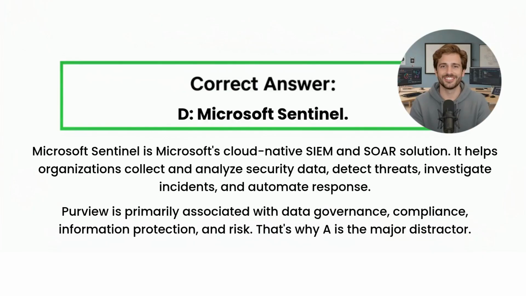The correct answer is D. Microsoft Sentinel. Explanation. Microsoft Sentinel is Microsoft's cloud-native SIEM and SOAR solution. It helps organizations collect and analyze security data, detect threats, investigate incidents, and automate response. Purview is primarily associated with data governance, compliance, information protection, and risk. That's why A is the major distractor.